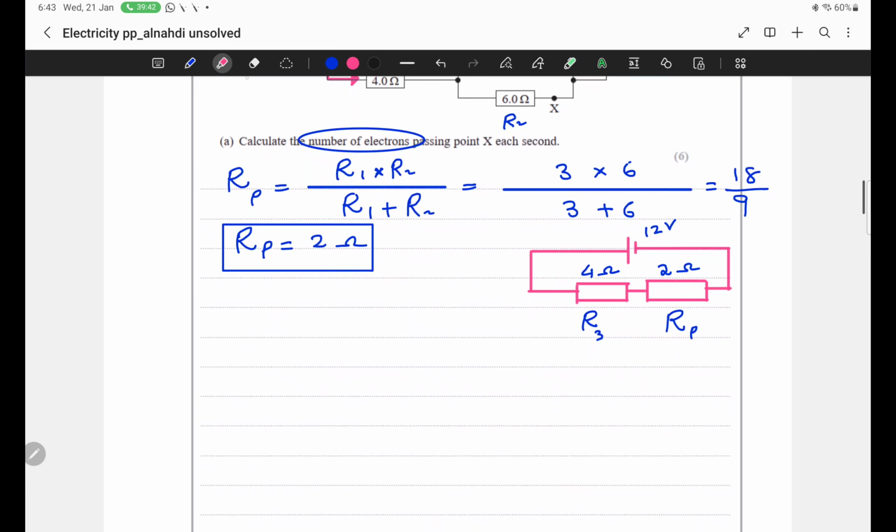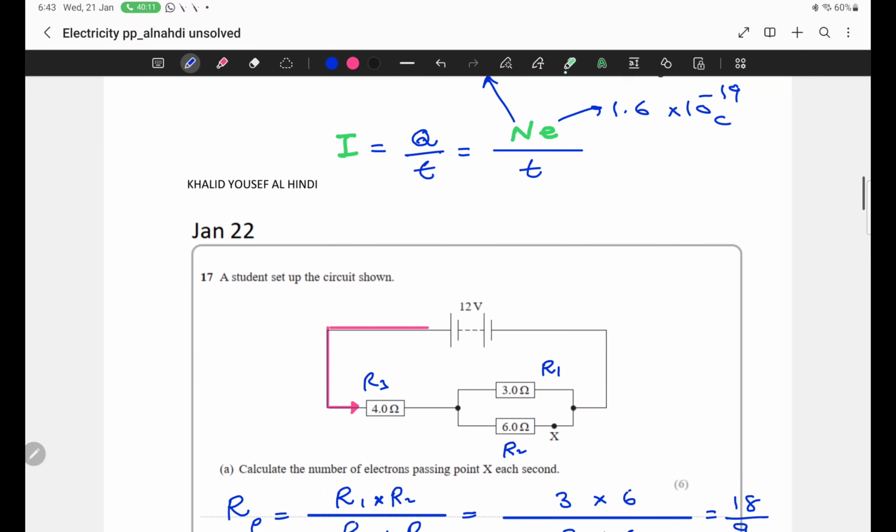So first, you should calculate the total resistance of the whole circuit. Now R3 and RP are in series, so R3 plus RP will give you the total resistance. R3 is 4, RP is 2. So the total resistance of the whole circuit is 6 ohm.